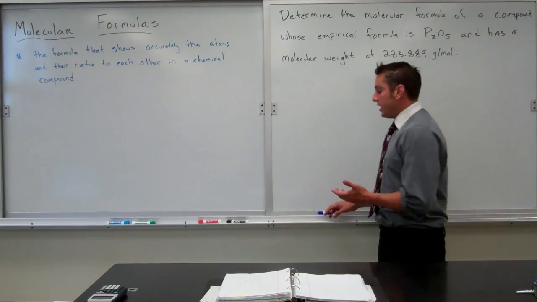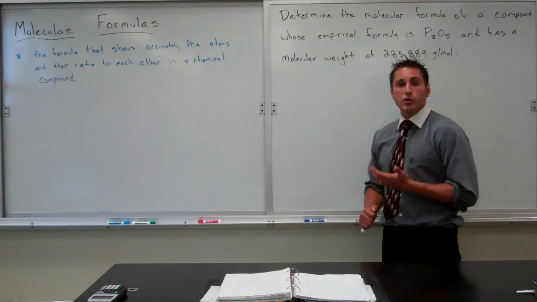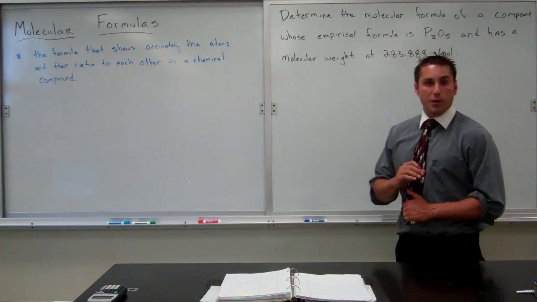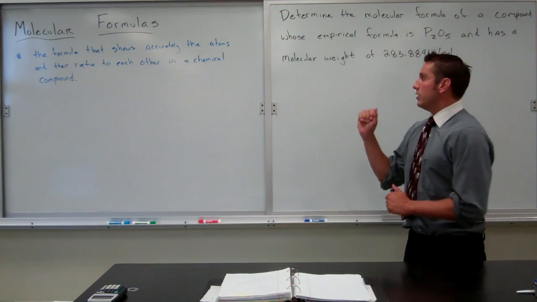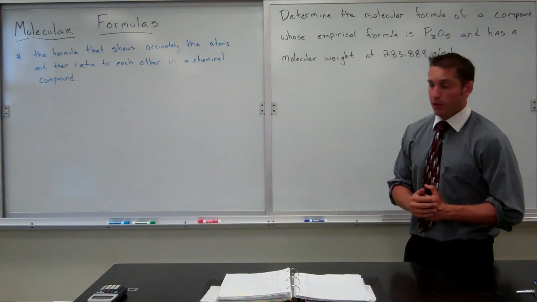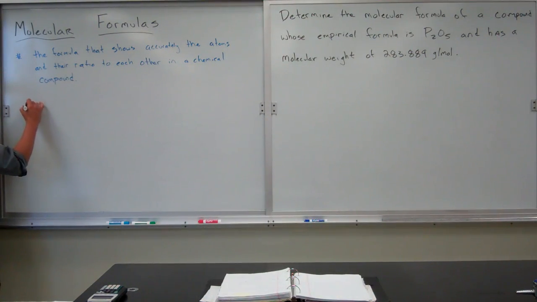Just like we had a way for getting empirical formulas, there's a way for getting molecular formulas. The good news is if you can solve an empirical formula problem, you are about 90% of the way to solving a molecular formula problem. The molecular formula of a compound can be found using a pretty straightforward equation.